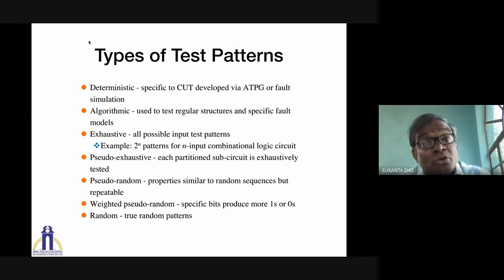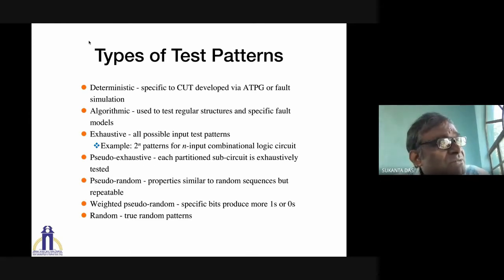Pseudo exhaustive is important. And then there is pseudo random that we have discussed right now. Pseudo random means some random patterns are input to a circuit. And last is weighted pseudo-random.